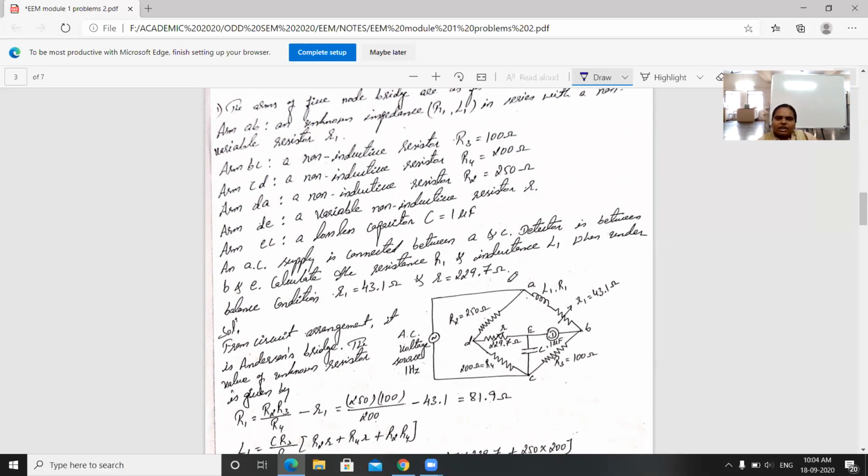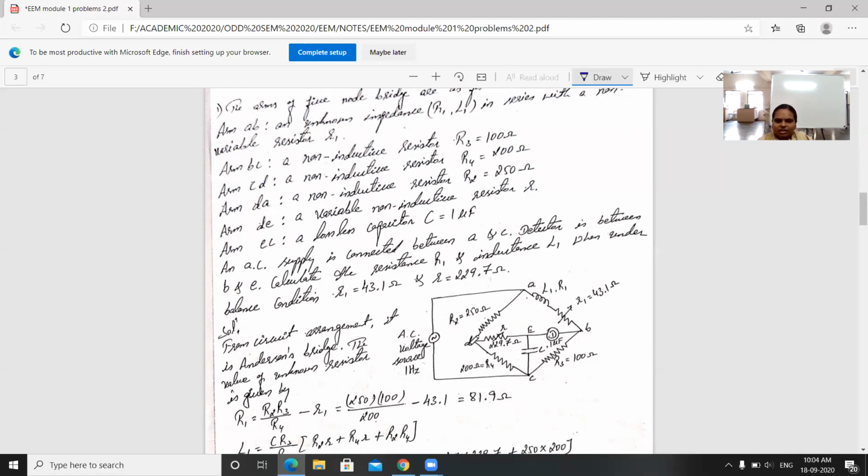Okay, first they are telling across AB, what is connected: an unknown impedance, that is R1, L1, is connected along with the variable resistor R1. This is your AB. Across BC, a resistor is connected. Across DA, a 250 ohm resistor is connected.